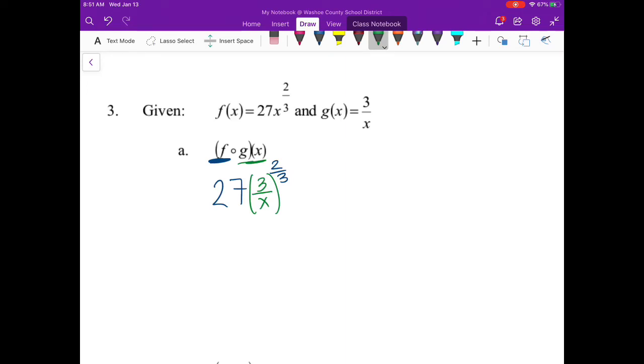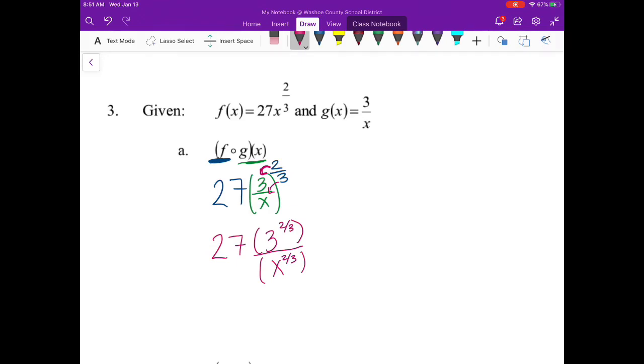Okay, so for this one, we have to keep in mind that we need to distribute this exponent, that's an exponent technically, to everything inside the parentheses. When I do that, I get 3 to the 2/3 power over x to the 2/3 power.